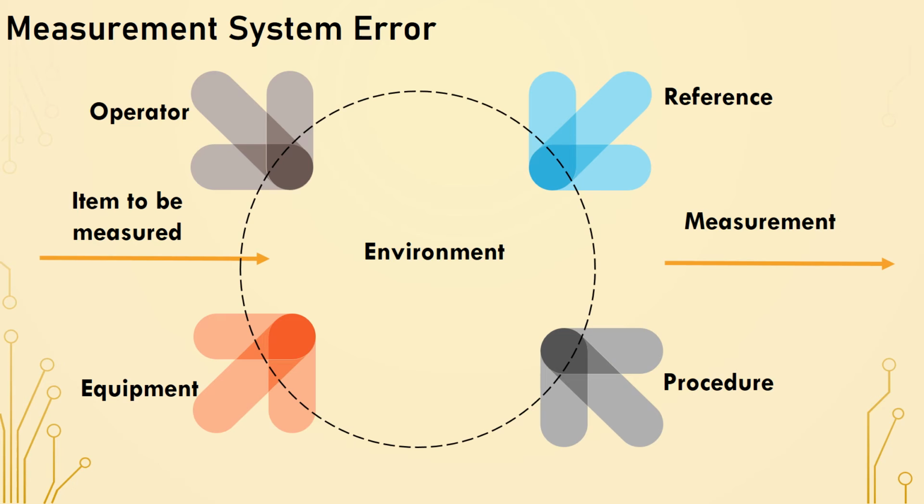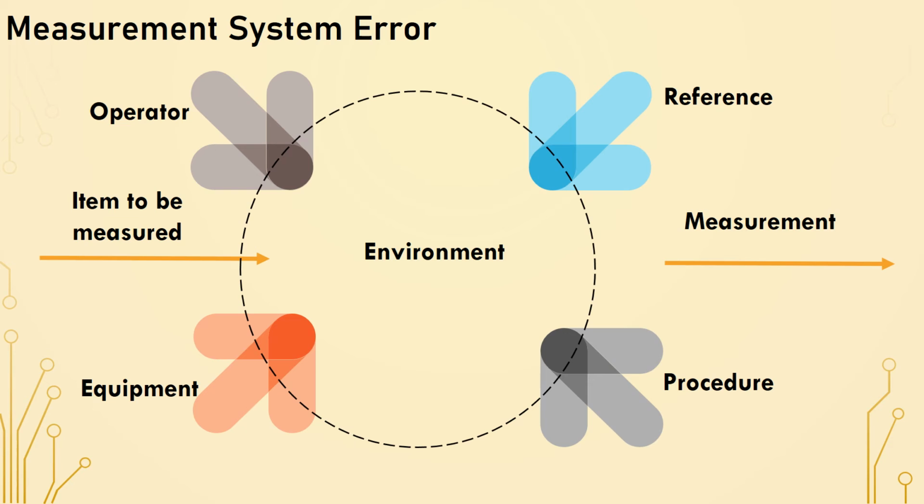So now let us understand the measurement system error. Like in the first slide we have already studied, if the measurement system has error, it will lead to a wrong perception and wrong decision. So we should understand the error first. Here you can see the image: the operator who is measuring the particular item or parameter, the reference, the procedure, how he is following the method of the measuring process, which equipment he is using, and which environment it is being used in.